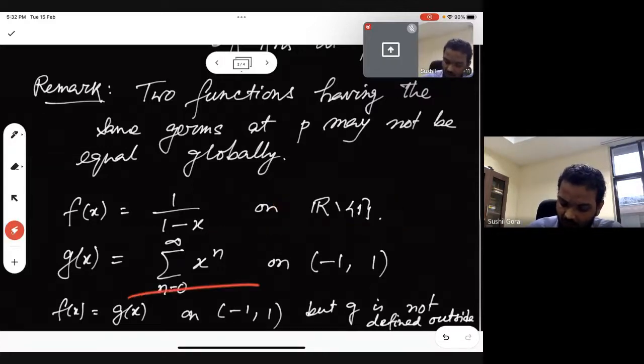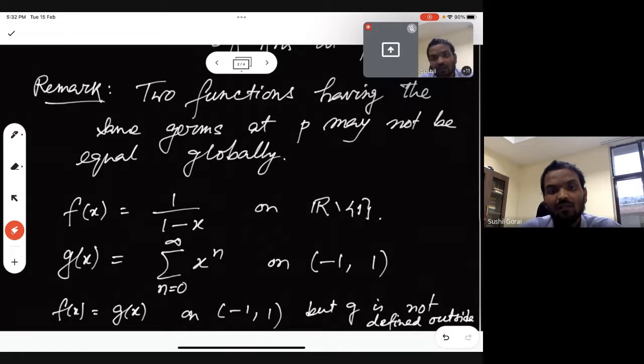So though they have the same expression around 0, they are not equal outside.